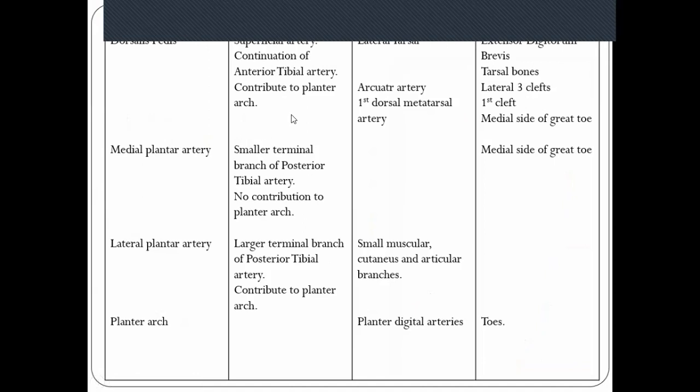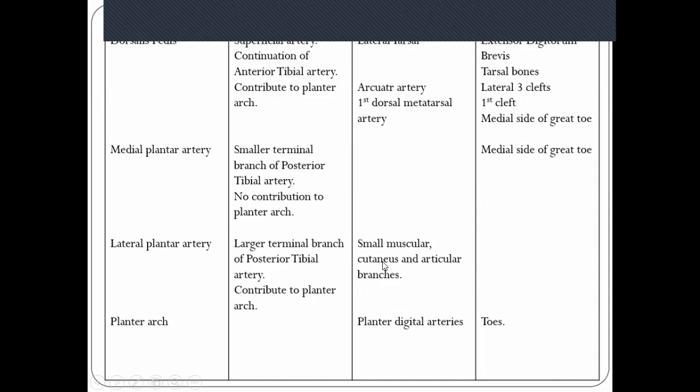The medial plantar artery supplies the medial side of the great toe. The other areas are supplied by the lateral plantar artery. So the lateral plantar artery is the larger of the terminal branches of the posterior tibial artery. It contributes to the plantar arch by joining the dorsalis pedis artery.